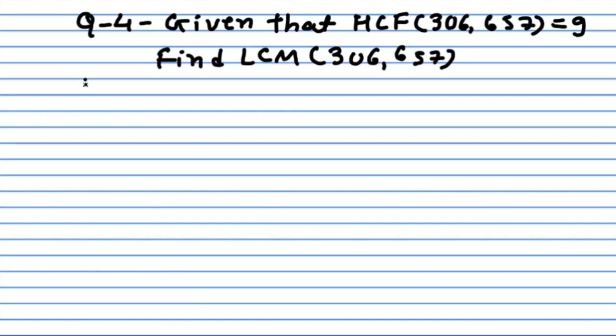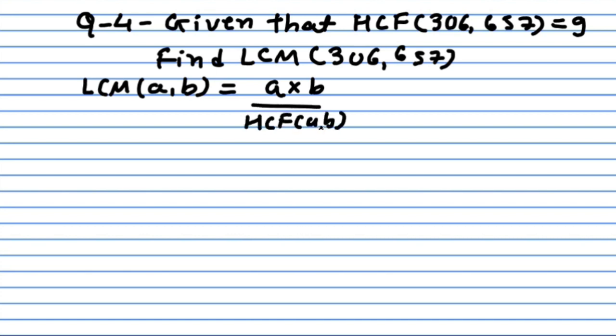It is like this: LCM of A comma B is equal to A multiplied by B divided by the HCF of A and B. Here the value of A will be 306 and the value of B will be 657. So let us put all the values in the equation.